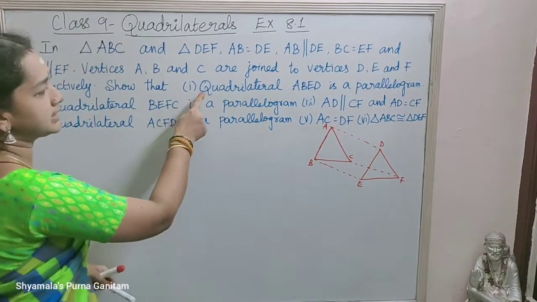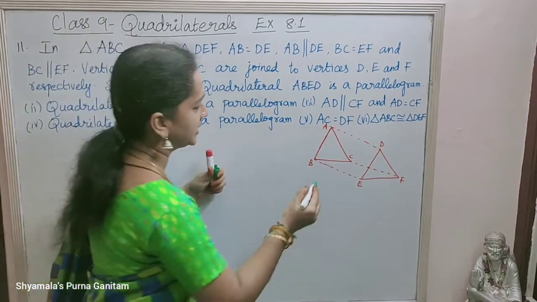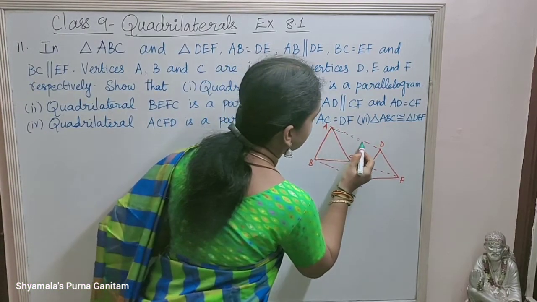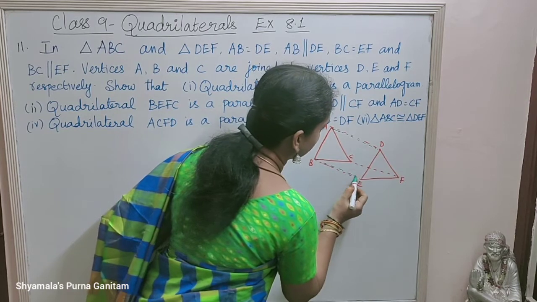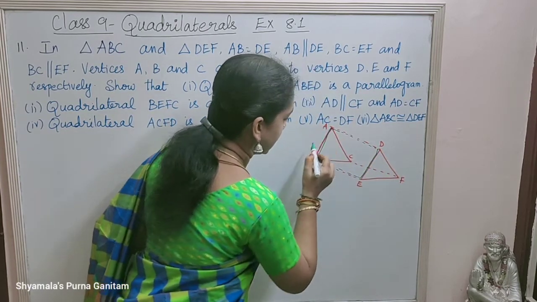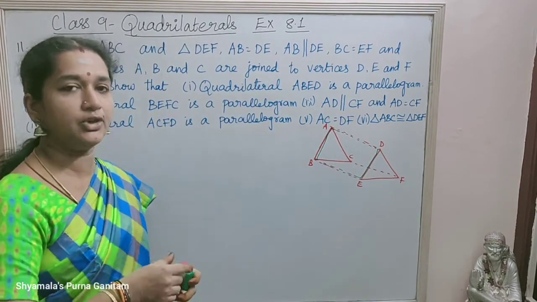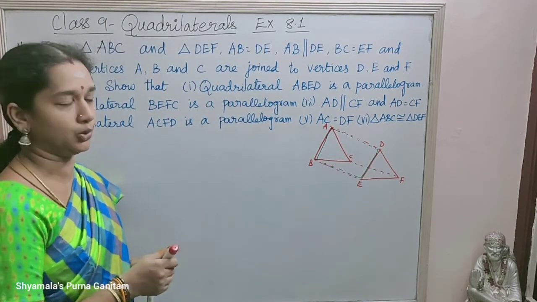So first thing is quadrilateral ABED is a parallelogram. Here ABED is this part. You are asked to prove that it is a parallelogram.